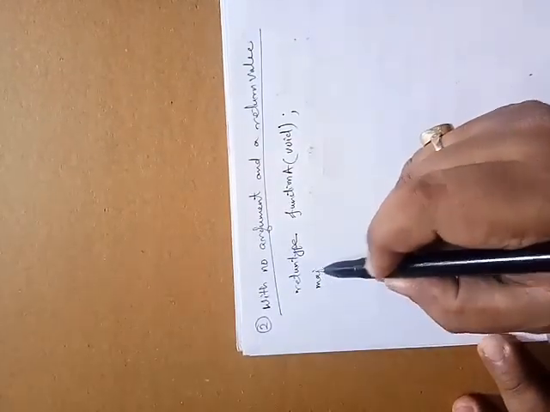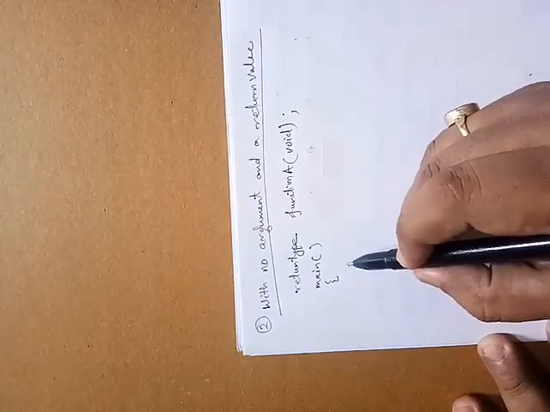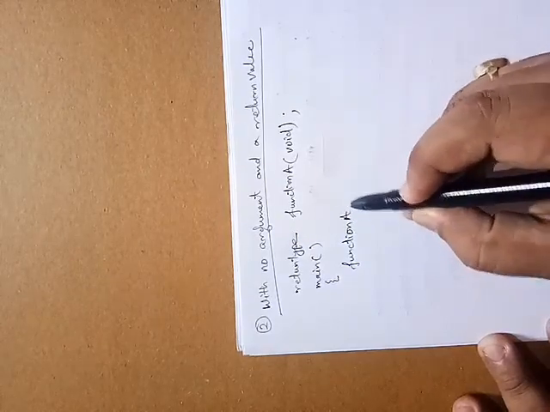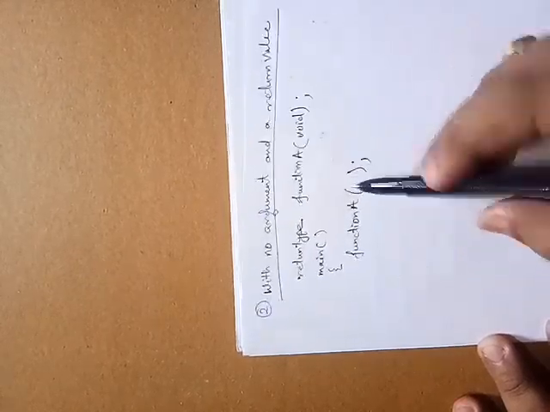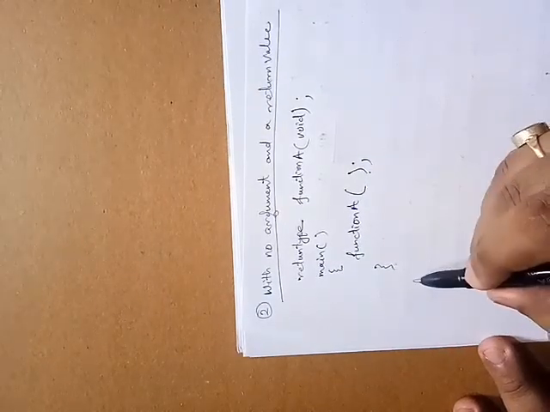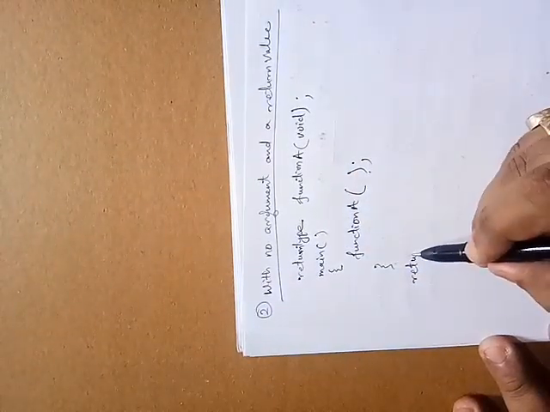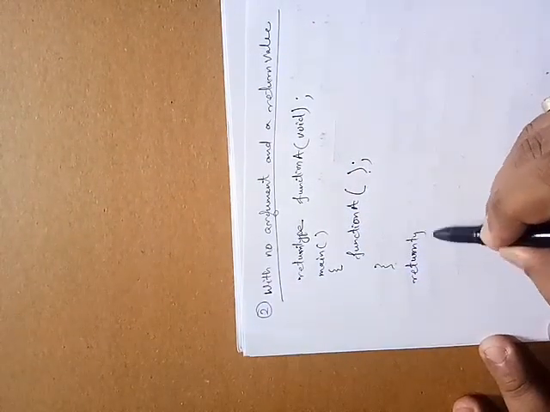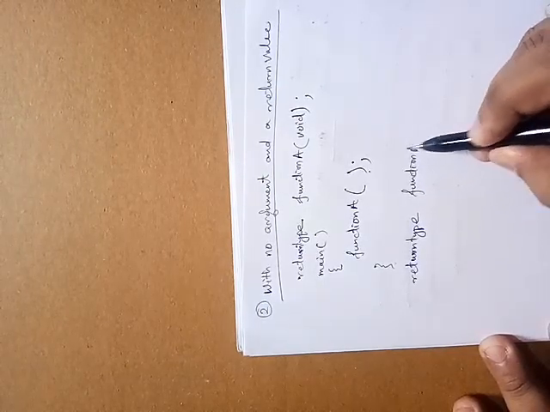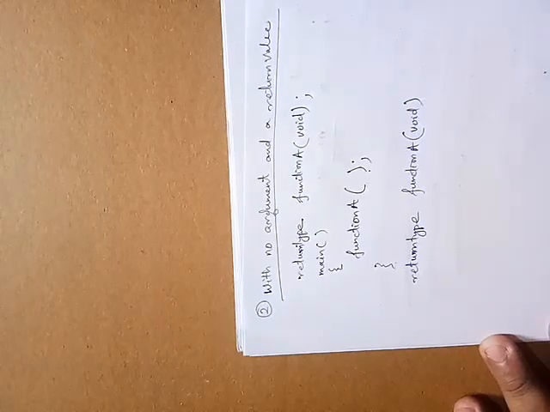In the main function, which is the calling function, I am calling the function A without any arguments. I am not passing any argument here. In the definition part there will be a return type, then the function name, function A, and there is no argument.